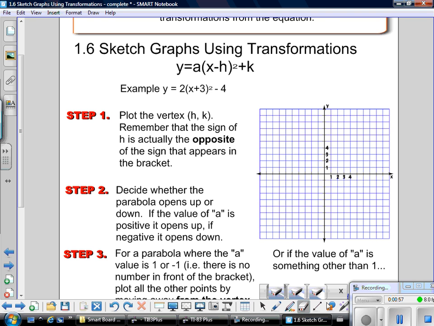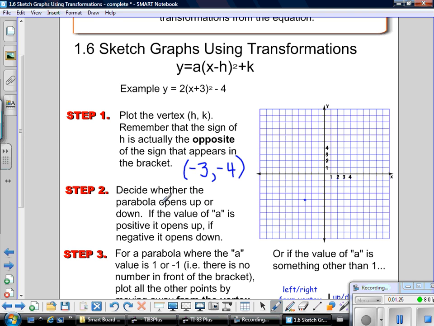In this case, we have a positive 3 in the bracket, which means I have a negative 3, which I didn't say correctly. So we have a negative 3, and our k is a negative 4. We need to plot that first. So negative 3, 1, 2, 3, negative 4, 1, 2, 3, 4.